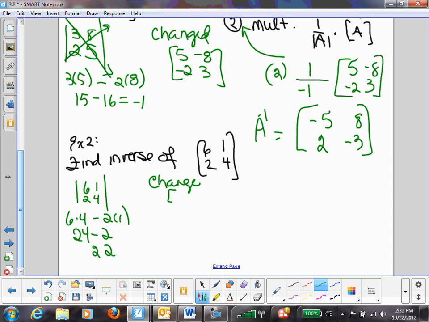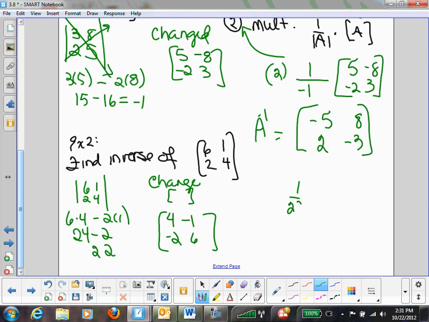Okay, so what's my changed matrix going to say? Yep. Okay. What's my last step going to say? Ani? It would be 1 over 22 times 4, negative 1, negative 2, 6.